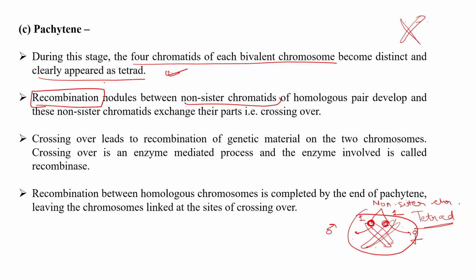This recombination is important because this recombination, or the exchange of genetic material at this stage, leads to the variation, which is absent in mitosis. Right? So the recombination nodule is very important in this concept because meiosis, as I firstly mentioned, is a reductional division.